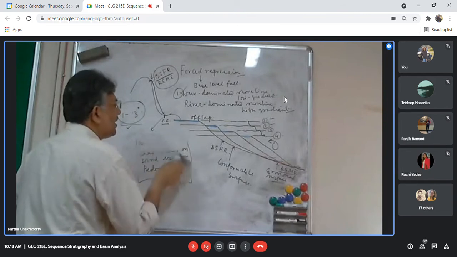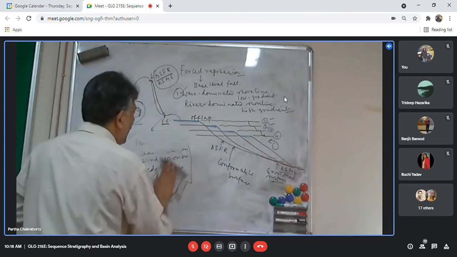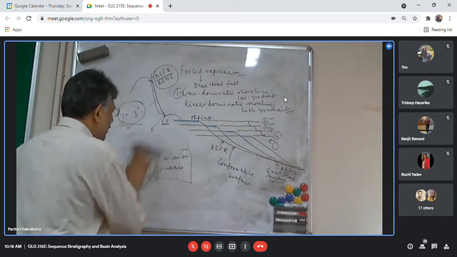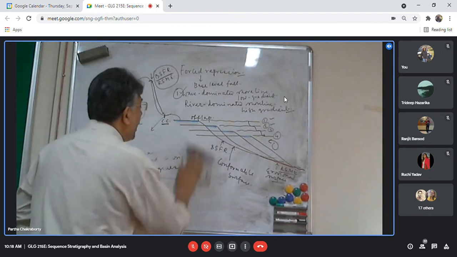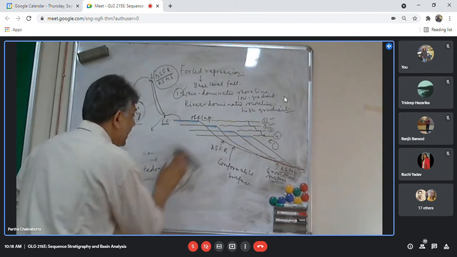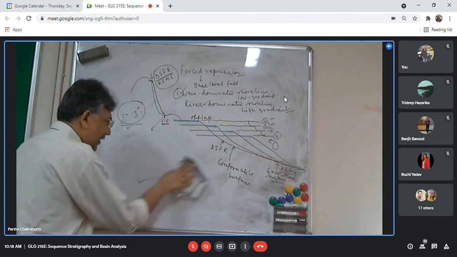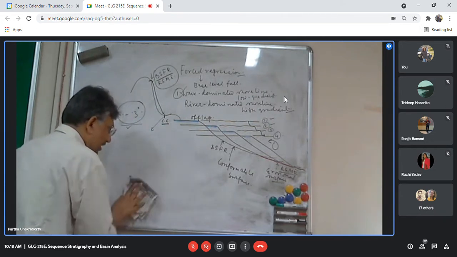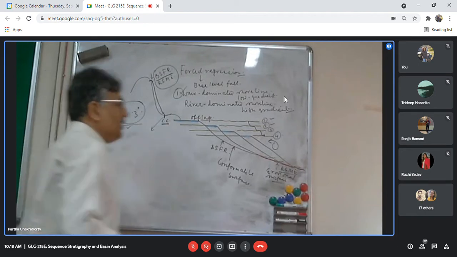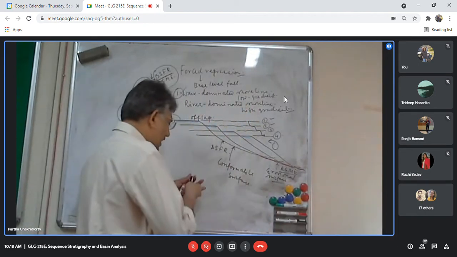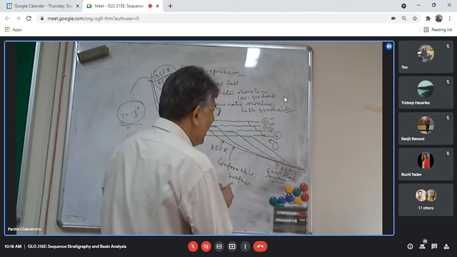Now this is what you get when you have a wave-dominated shallow gradient shoreline. Then you are getting this formation of BSFR and RSME. So that is it. And what is the forced regressive product here?